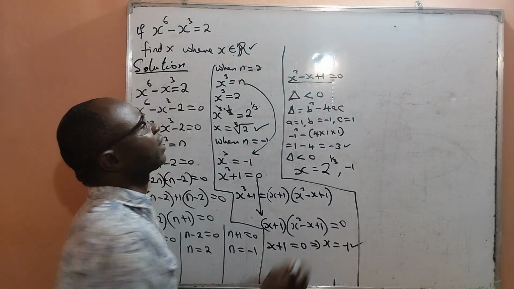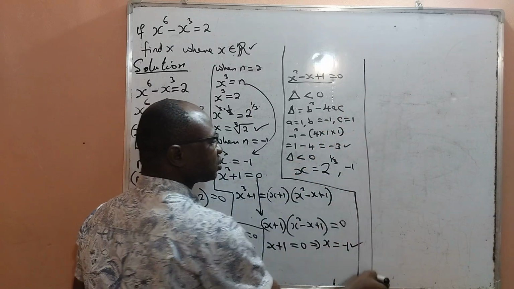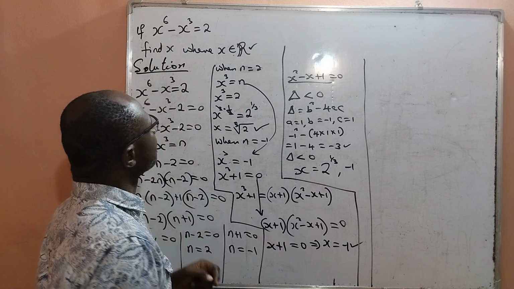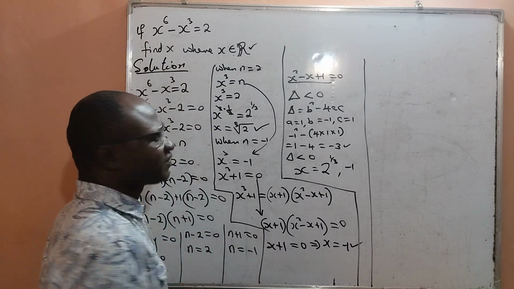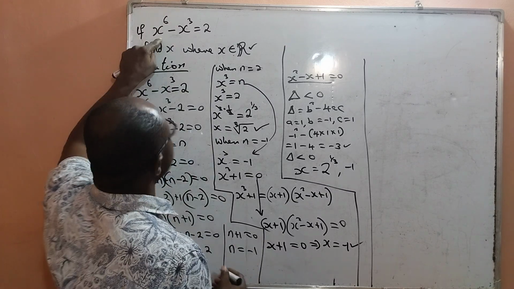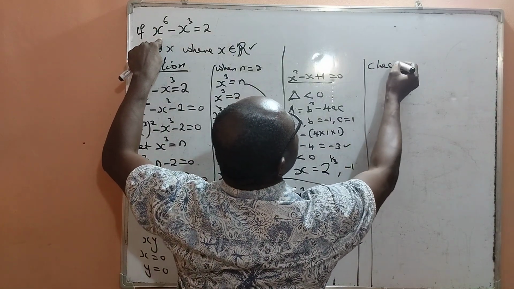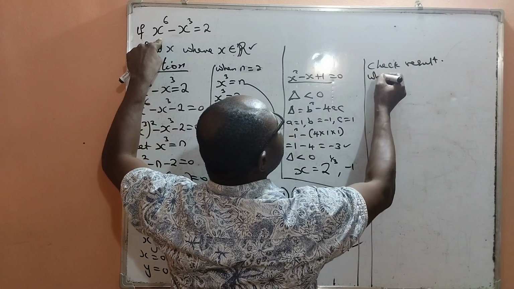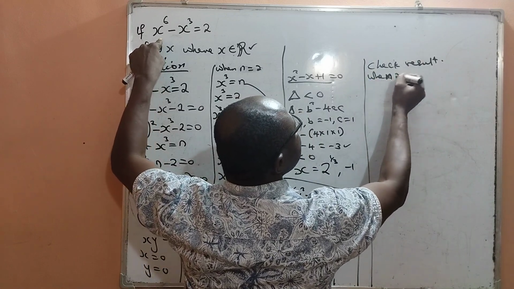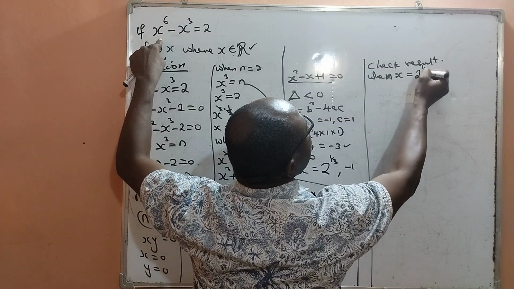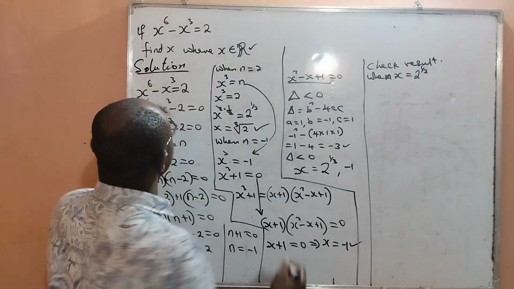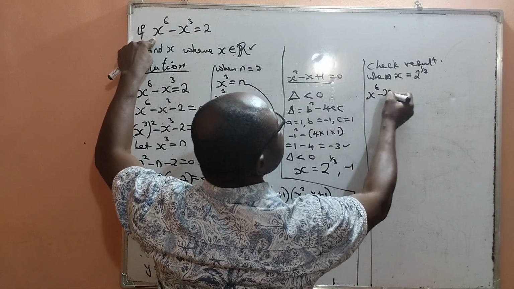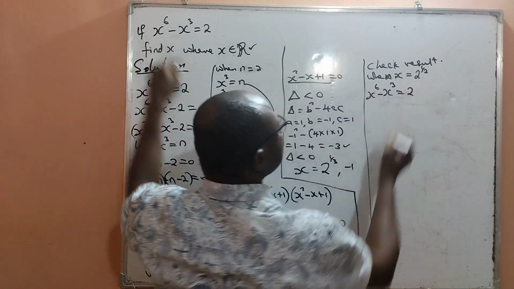Just to be sure, let us find out if the answers we got, when replaced into the given question, will satisfy the equation, that is, if the two sides will be equal. Therefore, check result. When x is equal to 2 power 1 over 3, I am given here that x raised to the power 6 minus x raised to the power 3 is equal to 2.